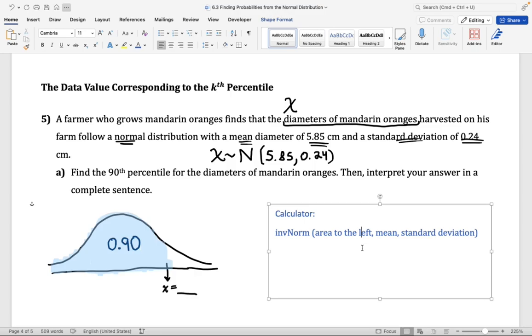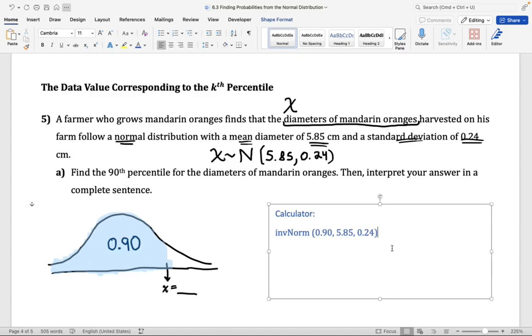It's going to ask you for the mean and it's going to ask you for the standard deviation. When we use the normal CDF function, we're trying to find the area under the curve. This time is the other way around. We have the area under the curve and we're wanting to find the X value. Here, the area to the left of the X value we're trying to find is 0.90. The mean is 5.85 and the standard deviation is 0.24.